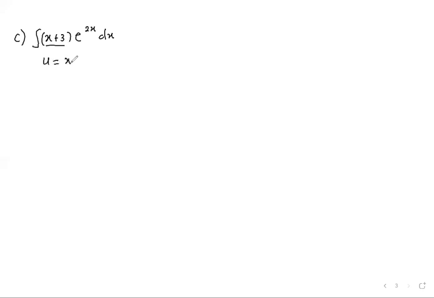So we have u equals x plus 3. And then our dv becomes e to 2x dx. Then we integrate to get v. We'll get e to 2x over 2. Then we differentiate to get du equals dx.